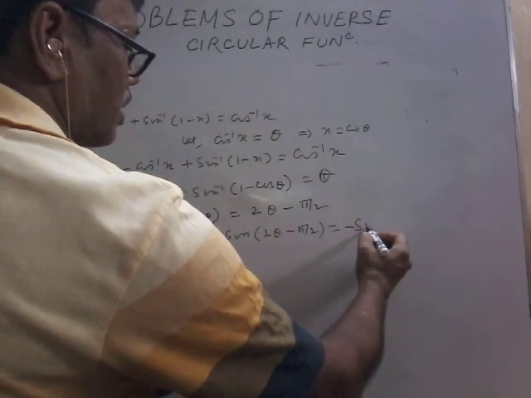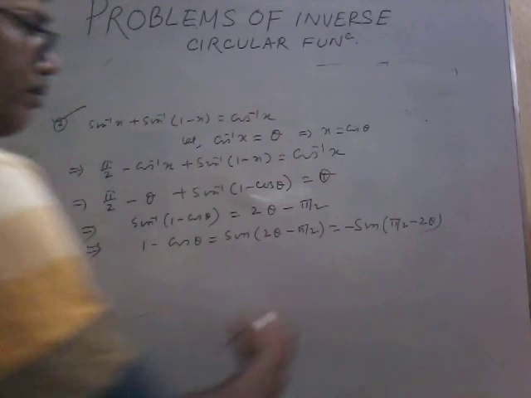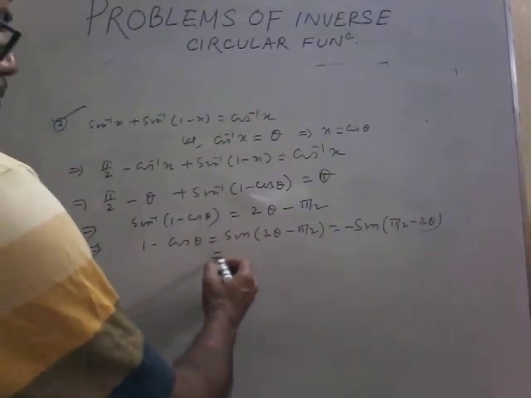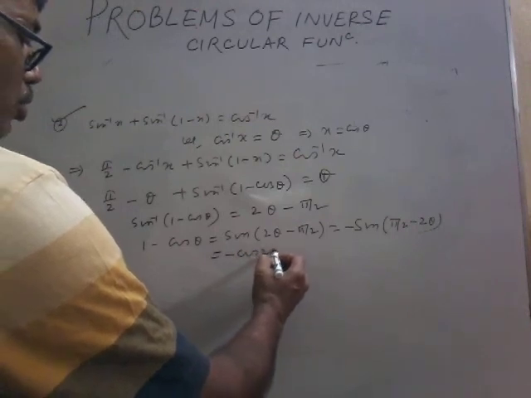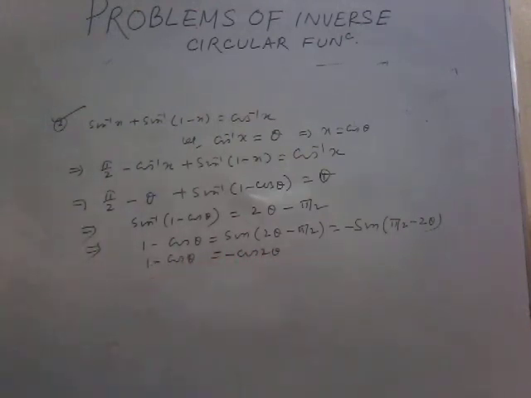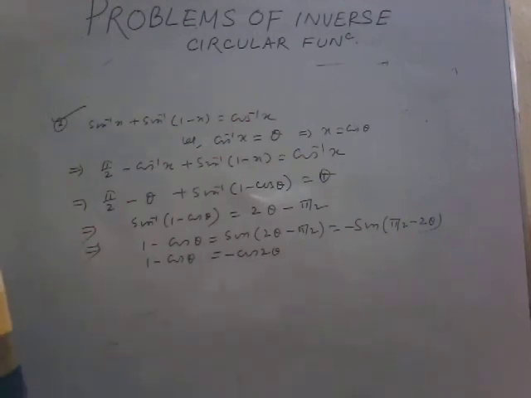So minus sine of pi by 2 minus 2 theta. So what are we getting? Minus cos 2 theta. Now this is very simple. 1 minus cos theta equals minus cos 2 theta.